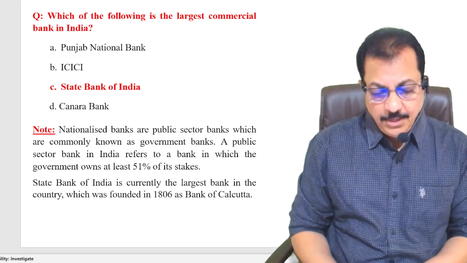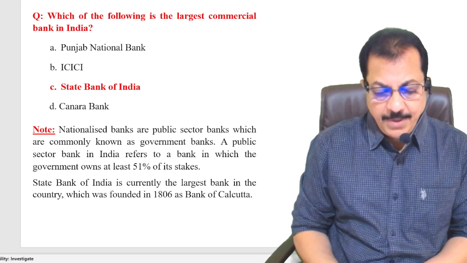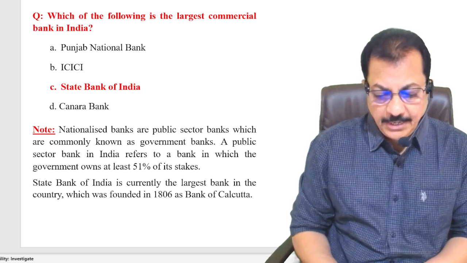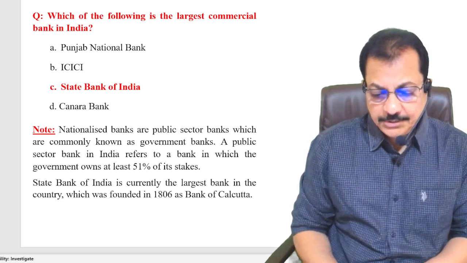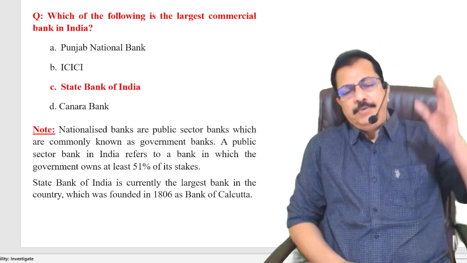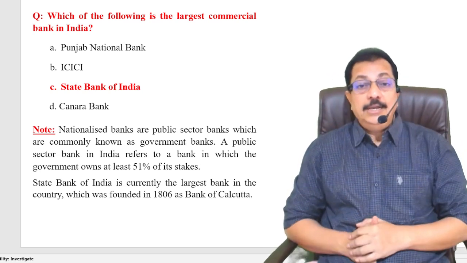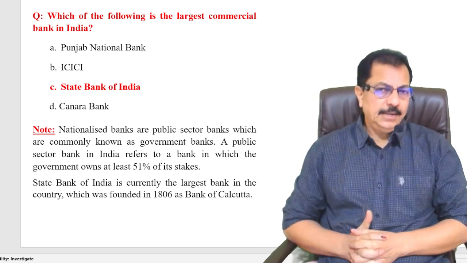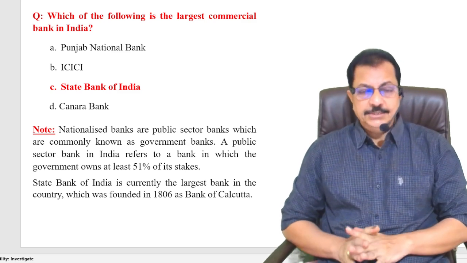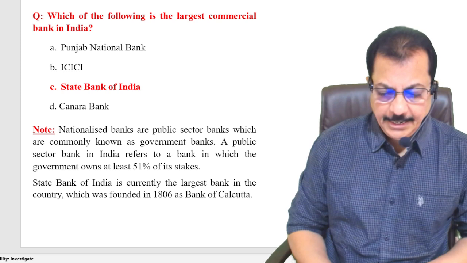Is that okay? So when it comes to SBI, currently this is the largest bank in the country, and it was founded in the year 1806 as the Bank of Calcutta. Very important one. Very old bank. It was established in Calcutta in the year 1806. Clear? And today that is considered to be the largest public sector bank in India.